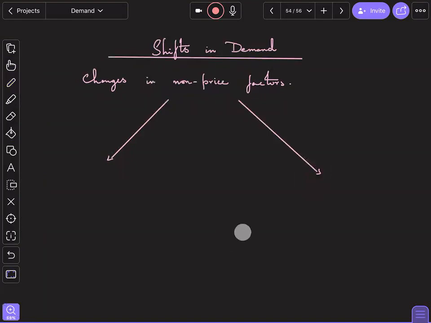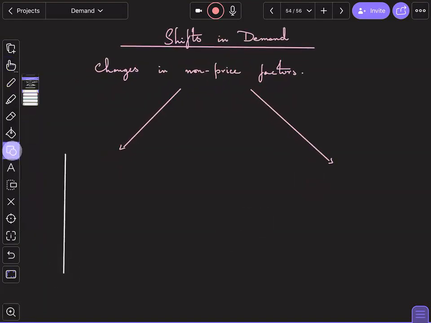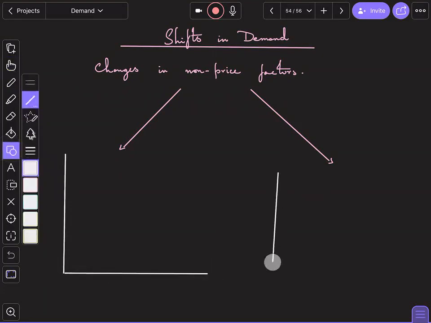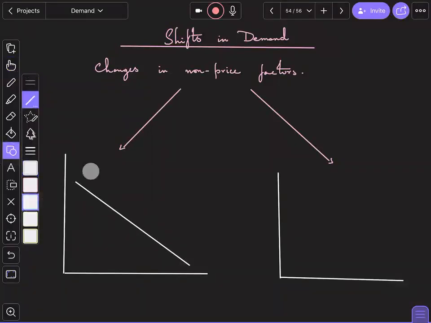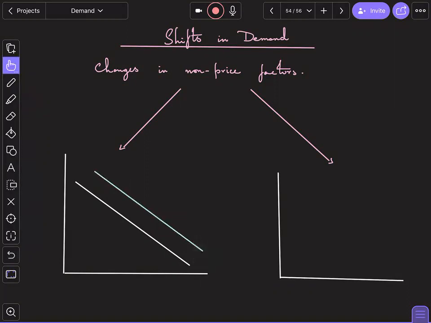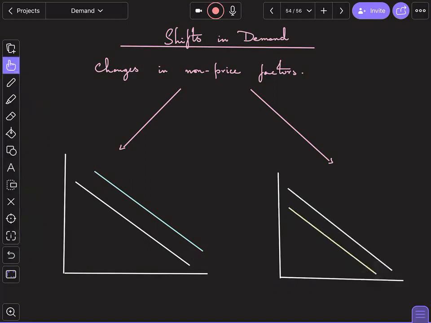Now, what is increase and decrease in the demand? Let's say this is our demand. This is our original demand curve, D naught. Whenever there is an increase in the demand, the curve will shift outwards. Or whenever there is a fall in the demand, the curve will shift backwards.